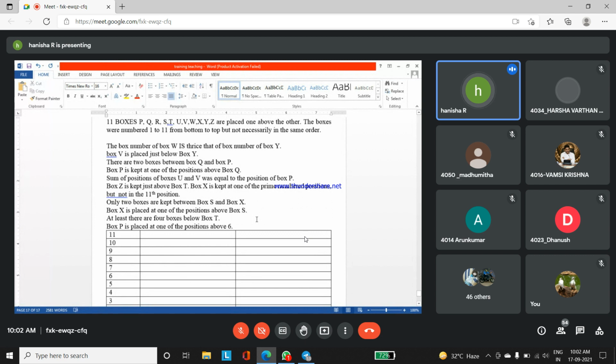Now I'm going to solve this question. See, the box number of box W is thrice that of the box number of box Y. So the first clue is speaking like that: the box number of box W is thrice that of the box number of box Y.